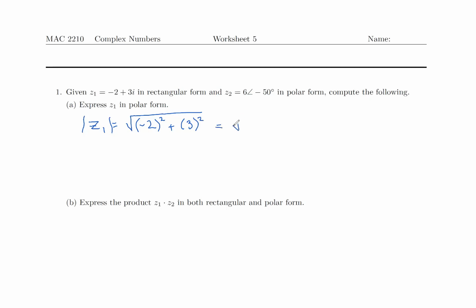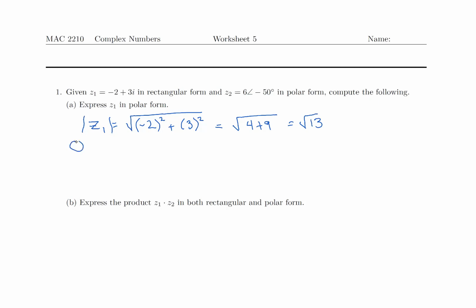So this is going to be equal to the square root of 4 plus 9, which is the square root of 13. That's all you really have to do. I've gone through these problems in lots of other videos, where I've explained why I do every step.